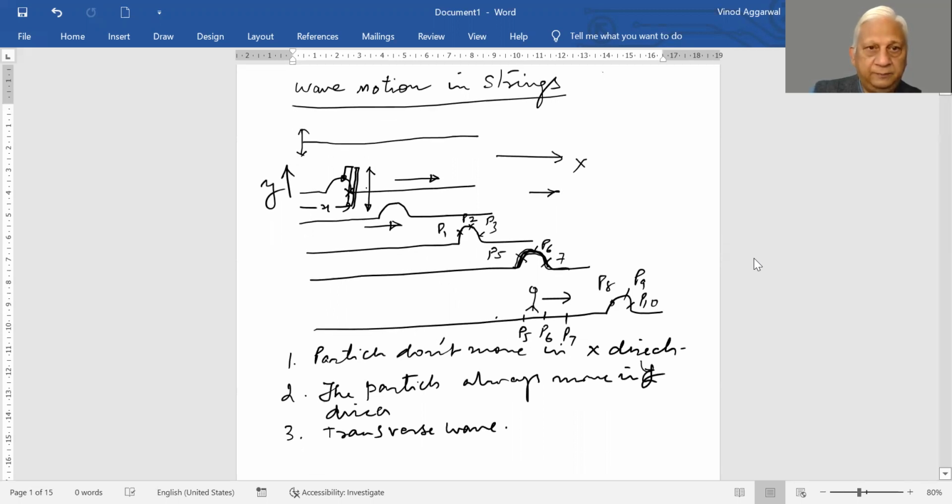In a transverse wave, the particles move in a plane which is perpendicular to the direction of motion of the wave. This is the direction of motion of wave. And this crest, with whatever velocity it moves here, is called the velocity of wave. Right? Okay.